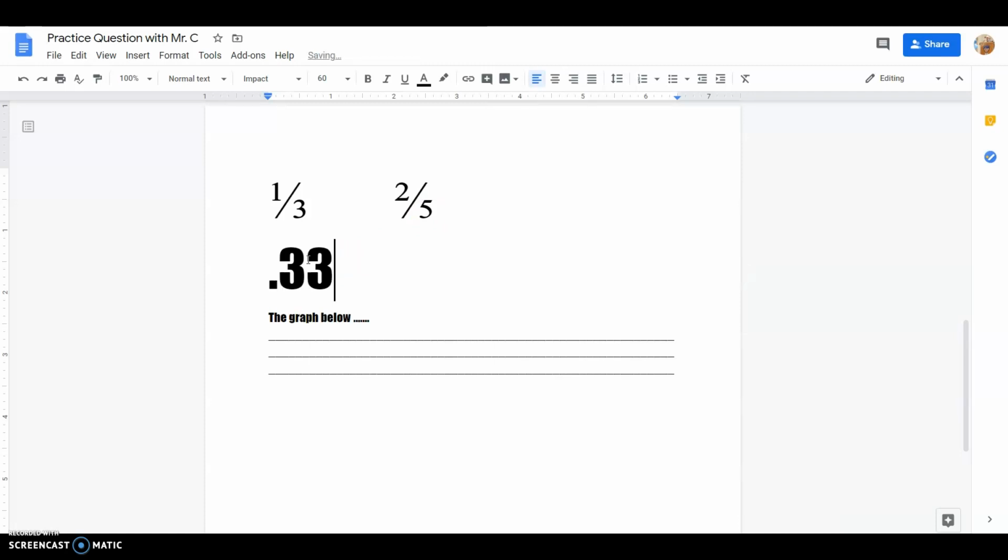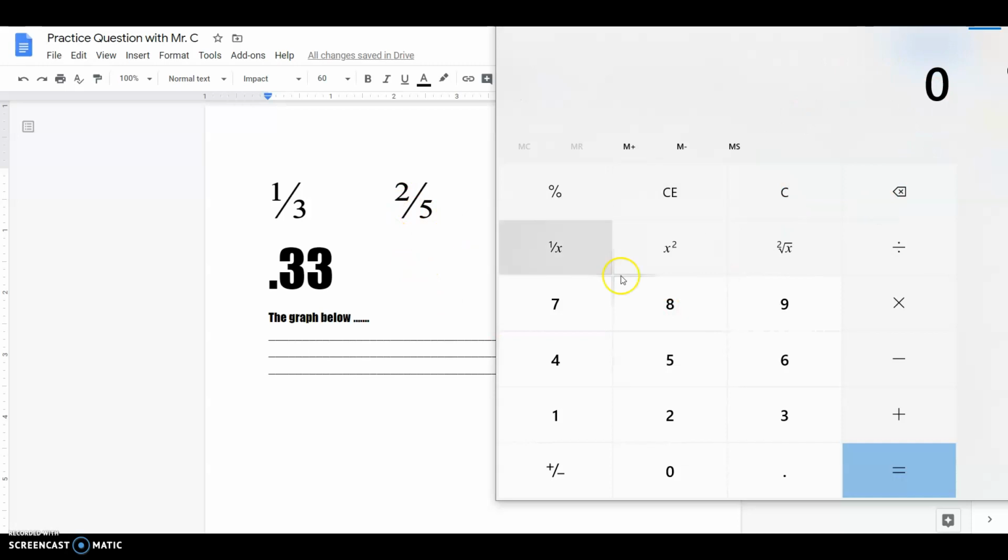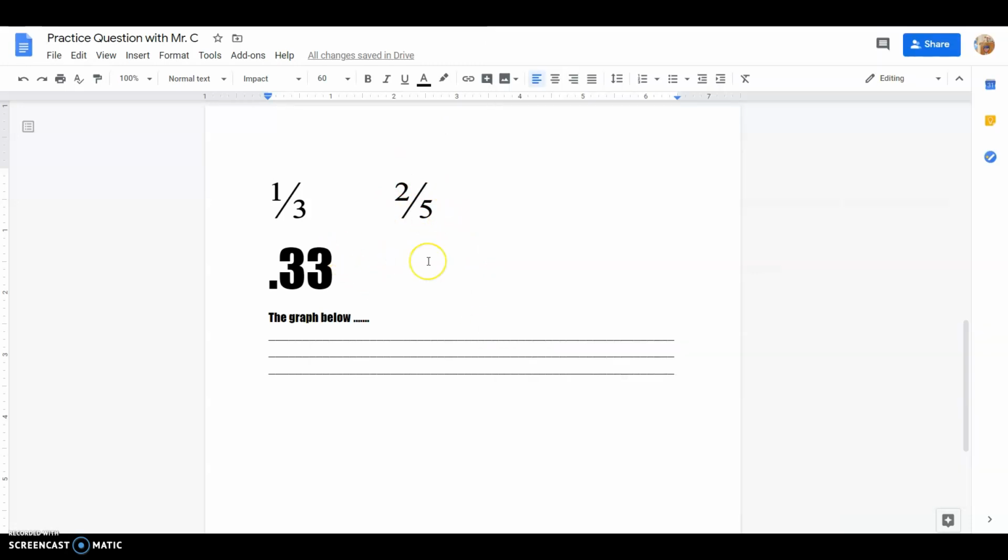Now, let's do 2 divided by 5. That would be 0.4 or 0.40. These two values are not the same.